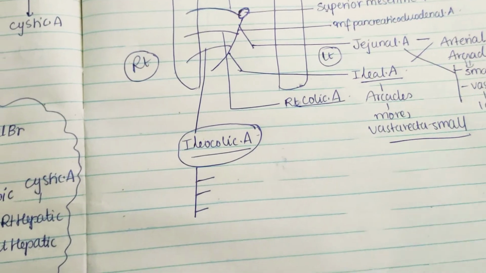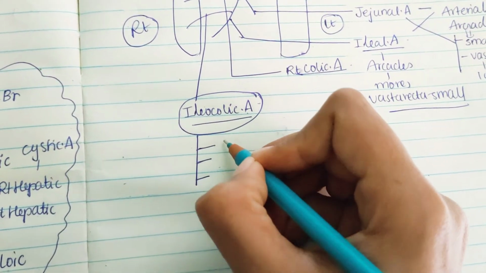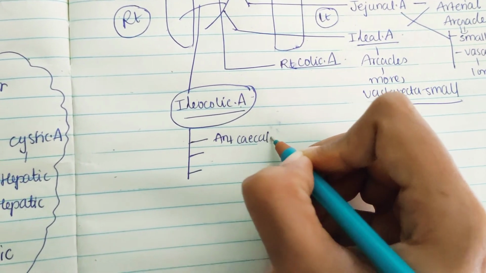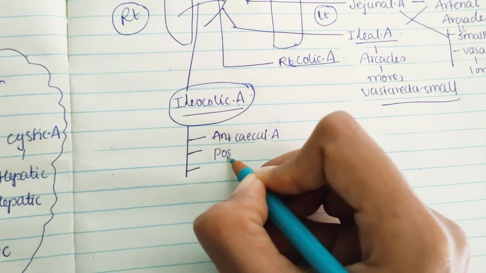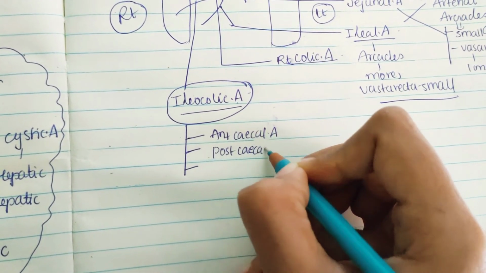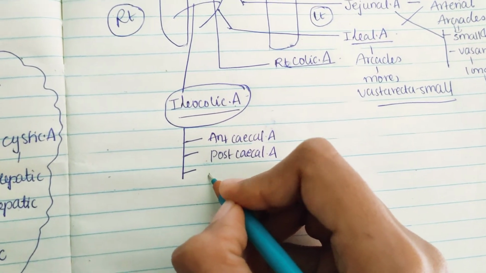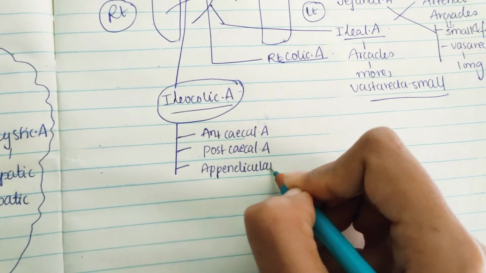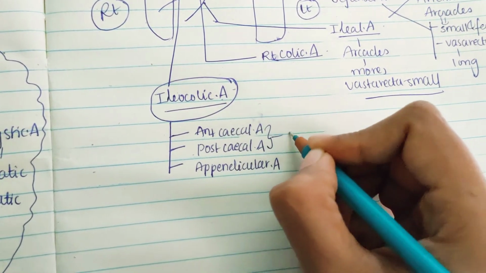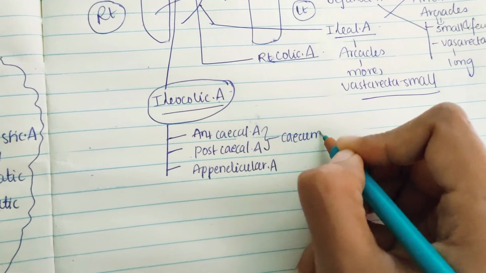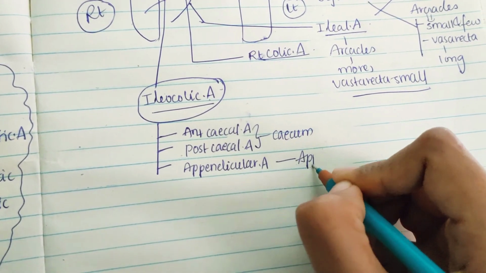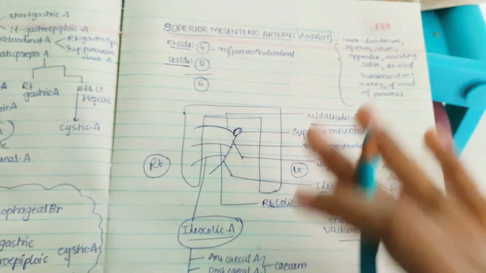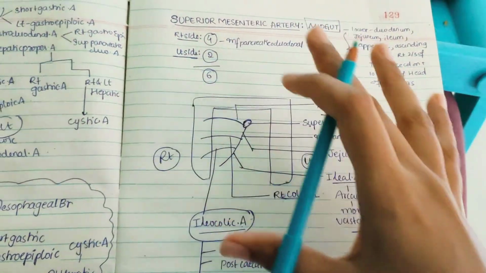Let us write down that the ileocolic artery is divided into the anterior cecal artery, the posterior cecal artery, and the appendicular artery. These two supply the cecum, but the appendicular artery supplies the vermiform appendix. So that is all about the superior mesenteric artery and its branches.